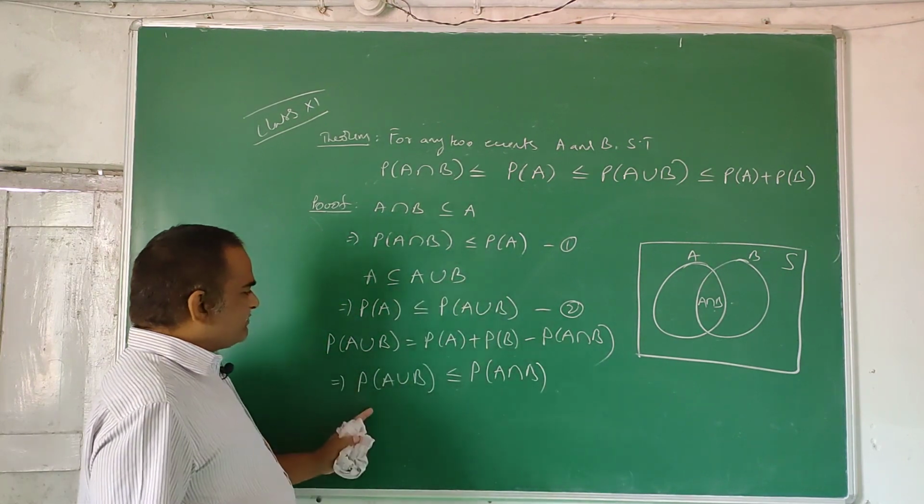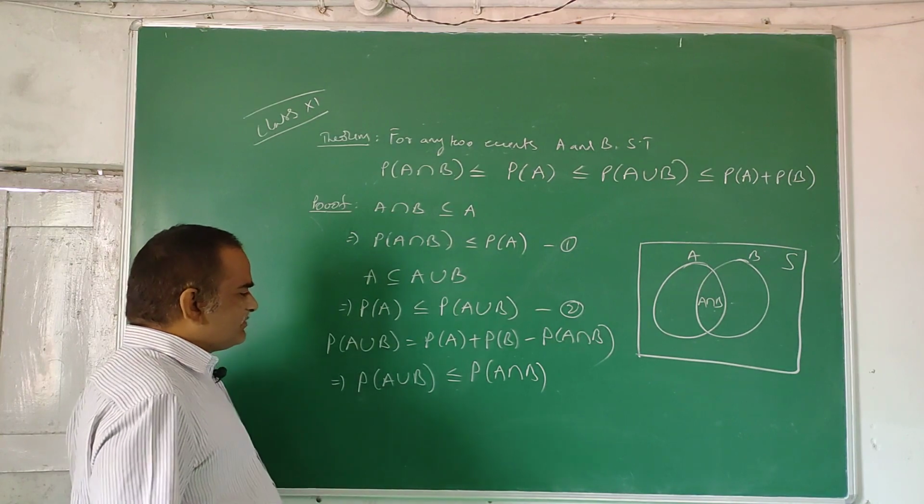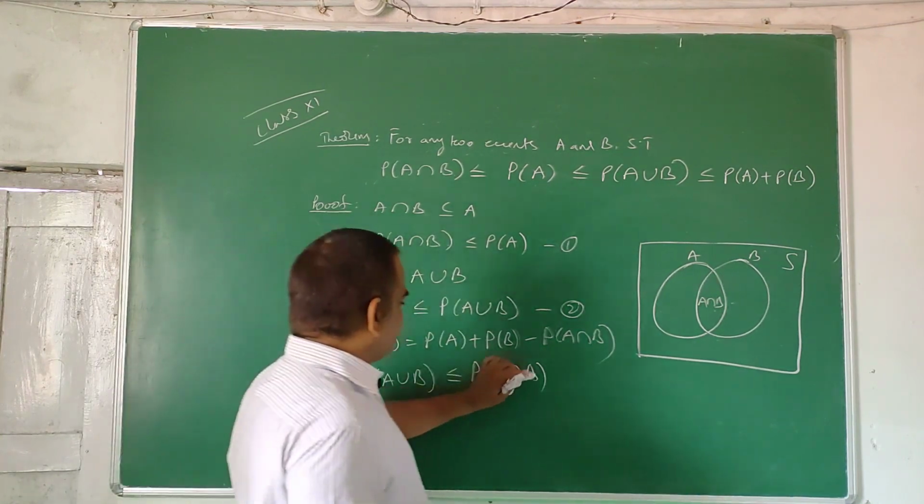So P of A union B is less than or equal to P of A plus P of B.